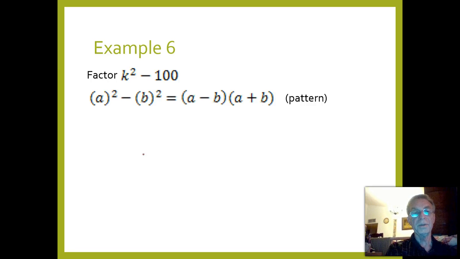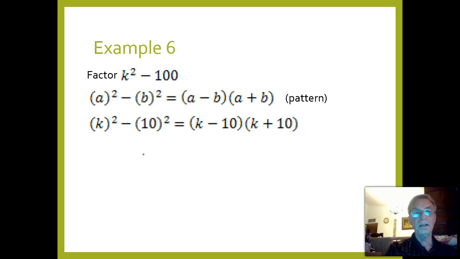So since we know that we have two squares like this, it's going to factor into this pattern right here, where you have the first square root minus the second square root, and then the first square root plus the second square root. Okay, so that gives us k squared minus 10 squared equals k minus 10 in parentheses times k plus 10, and that's our answer, because that's that particular expression factored.